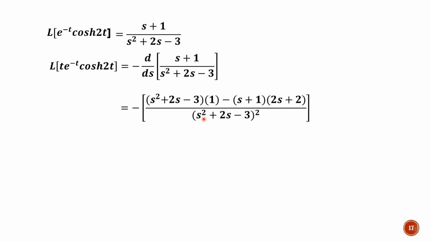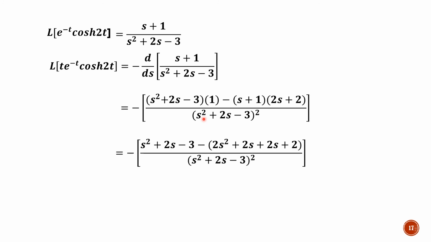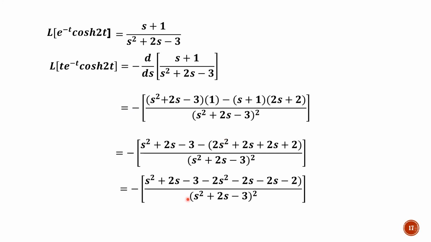And then opening the bracket and simplifying. So minus sign is already outside. S square plus 2s minus 3 minus of 2s square plus 2s plus 2s plus 2 upon the denominator. Again combining the coefficients of s square, s and the constants. I've just opened the bracket over here and then combined the coefficients.